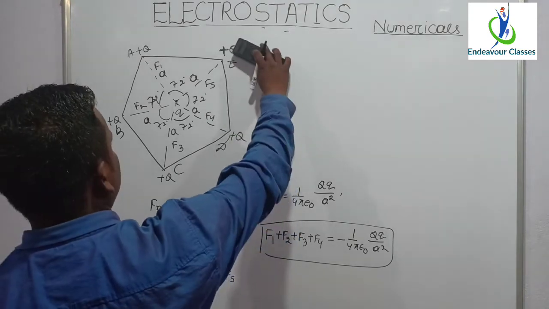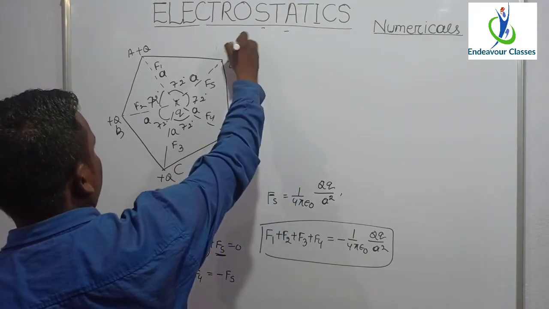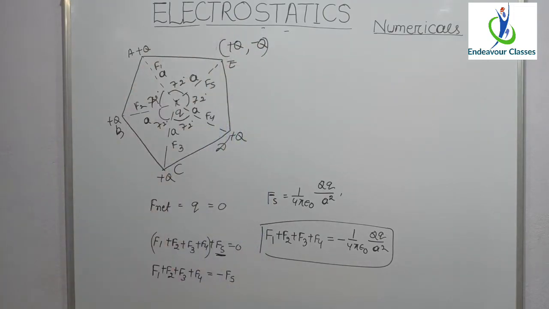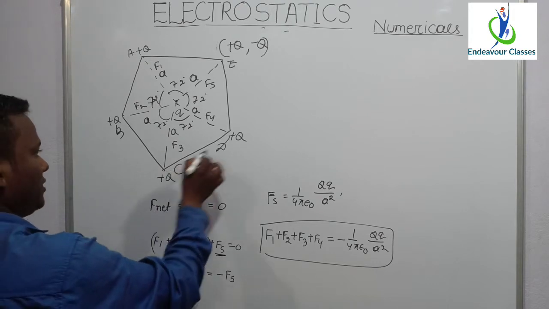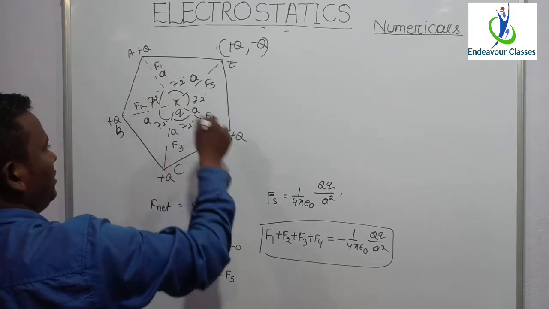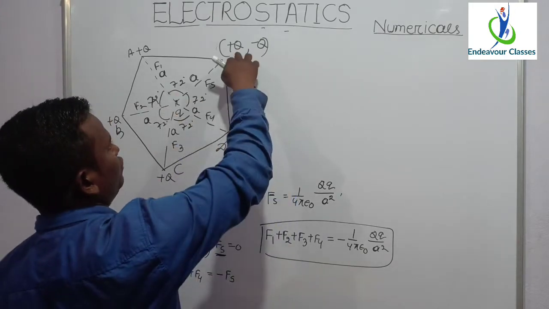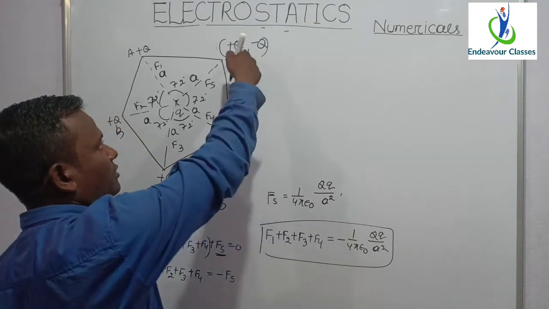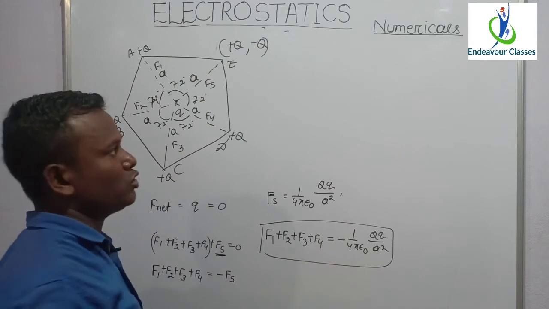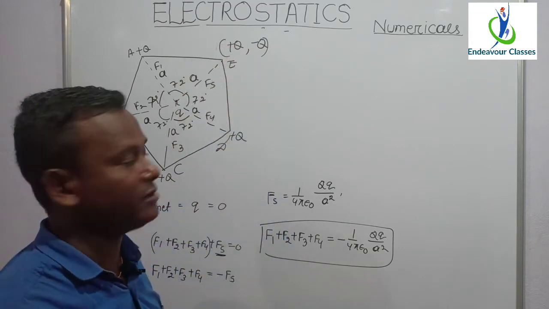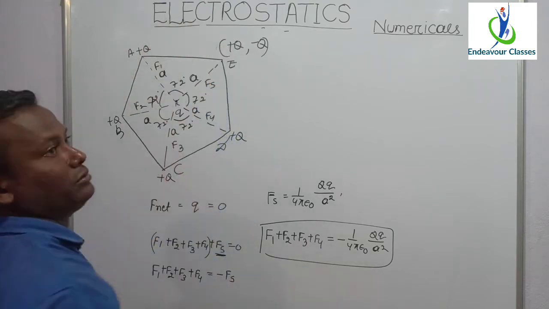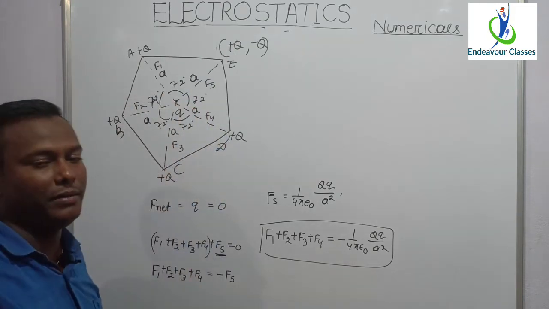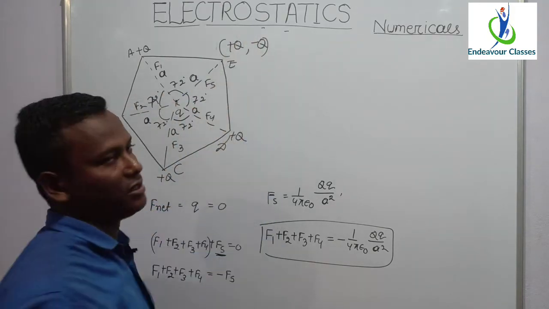Now another way of solving this problem is to simultaneously place a plus q and minus q charge at the corner E. The forces due to all these 5 charges, by virtue of symmetry, will have a resultant of 0 due to this plus q. And if you place plus q and minus q simultaneously, the net charge at E is again 0. So due to the presence of this plus q, the net force on the center charge will be 0, leaving behind the minus q charge.